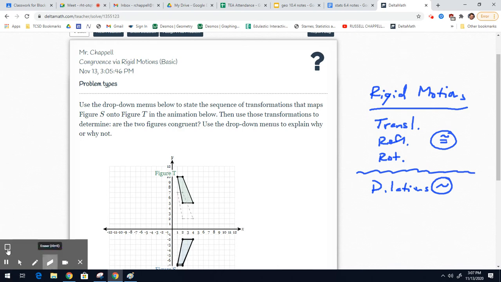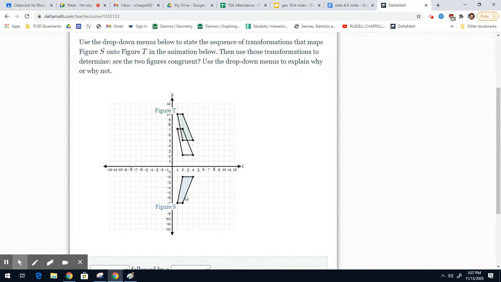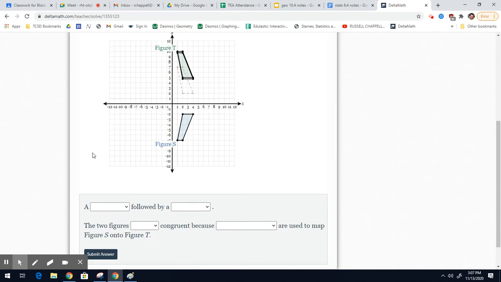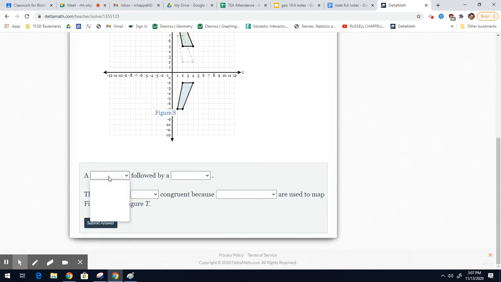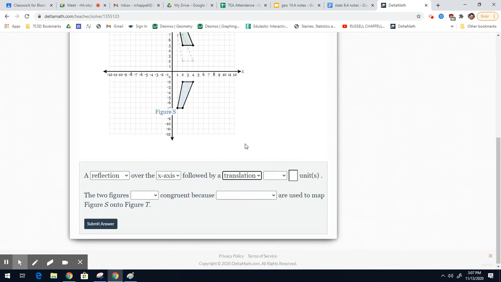All right, so if we take a look at this problem here, S onto T, it looks like I'm doing a reflection across the x-axis, which is this first one, and then a translation up onto T. So reflection and translation are both rigid motions. So we are doing a reflection across the x-axis, followed by a translation up.